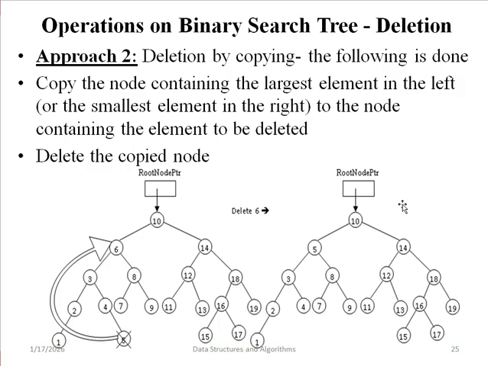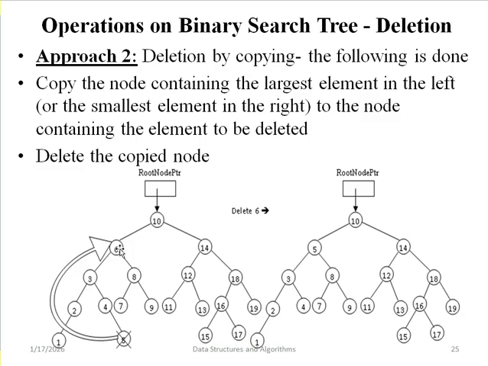We can possibly do it by copying, and when we are removing a node with two children by copying, we should look for the largest element in the left side, and copy that one.